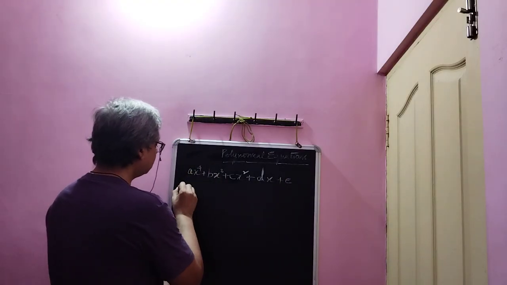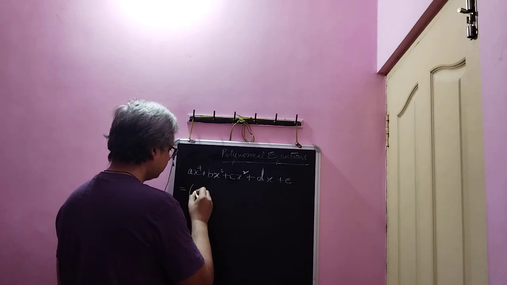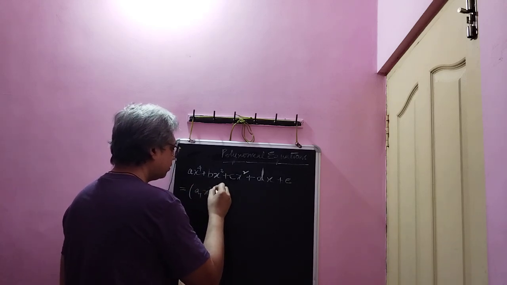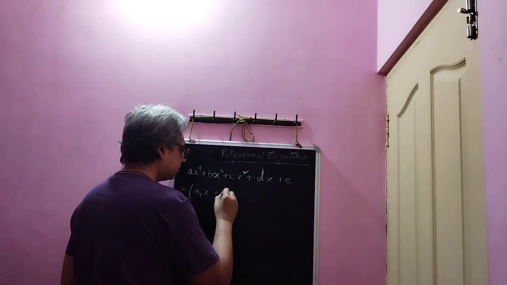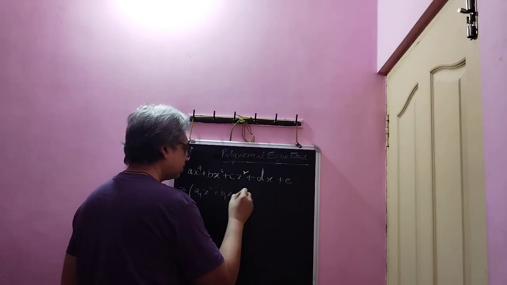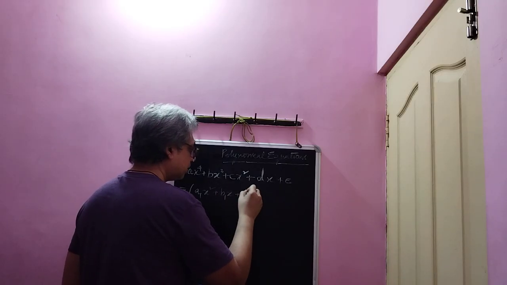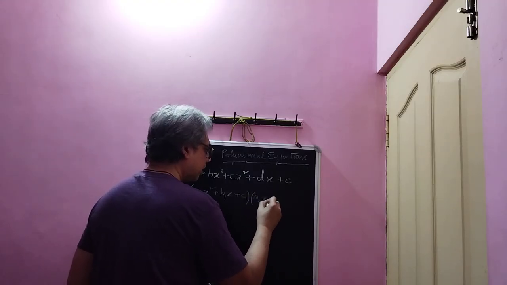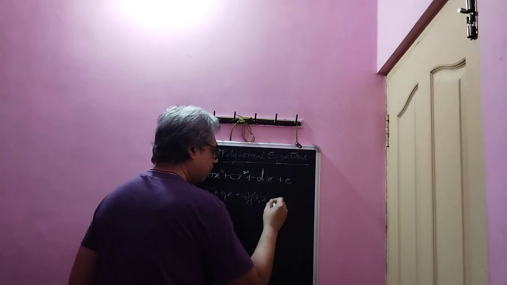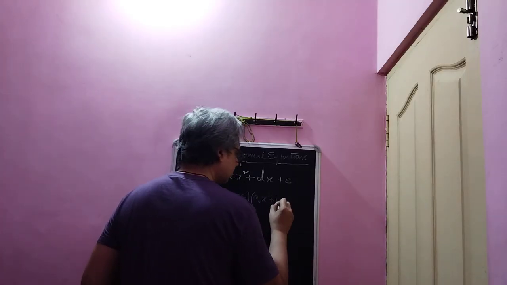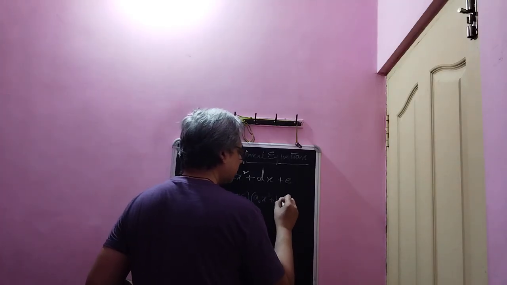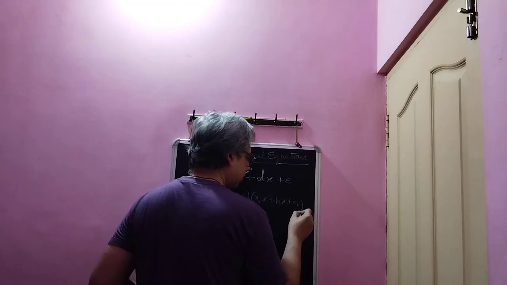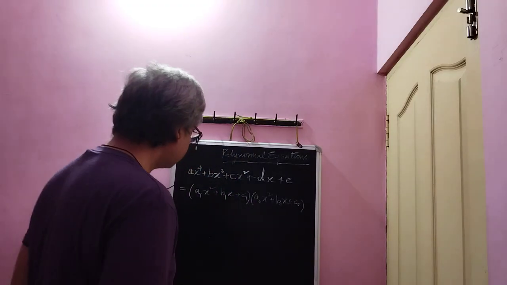I will express this as a1 x square plus b1 x plus c1 times a0 x square plus b0 x plus c0.